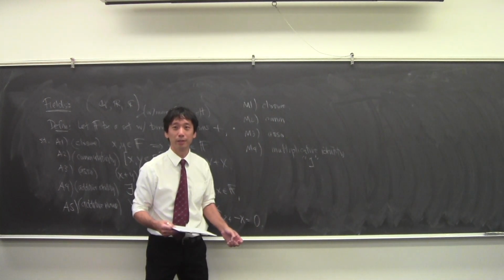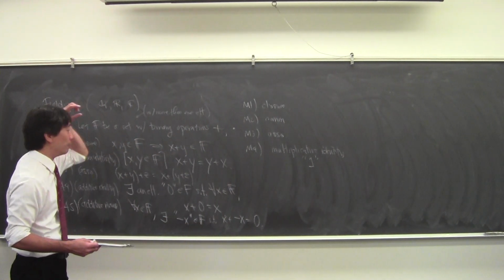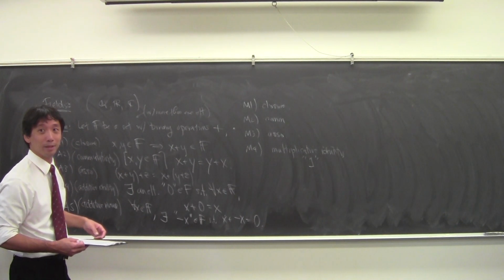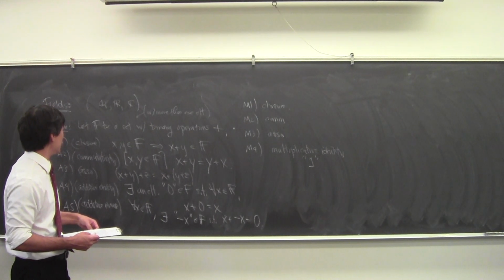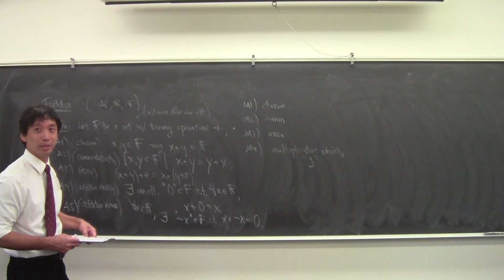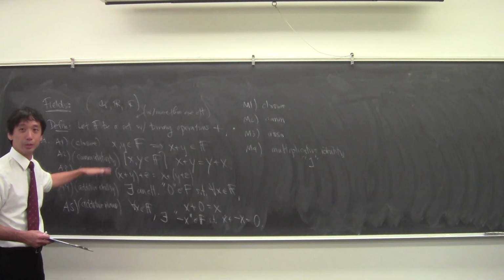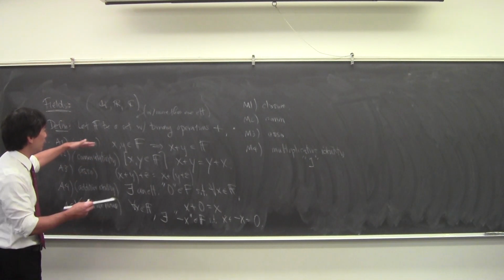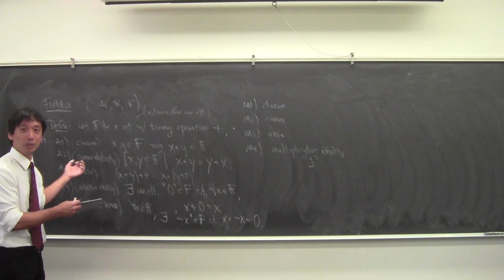A student asks: what's the relationship between the definition of a field and that of a vector space? You have similar relations, but for example, you don't have multiplication between vectors. In a vector space you've got addition, and you also have scalar multiplication.